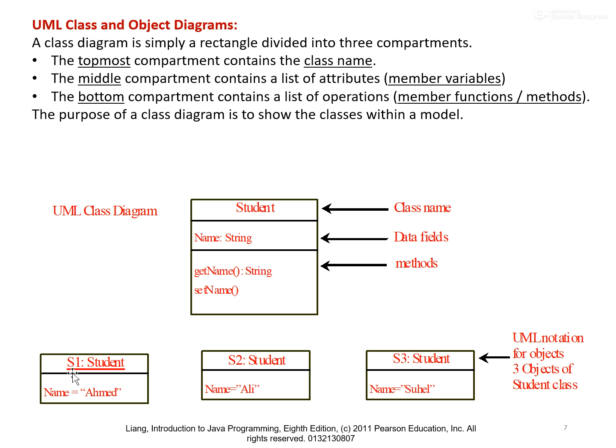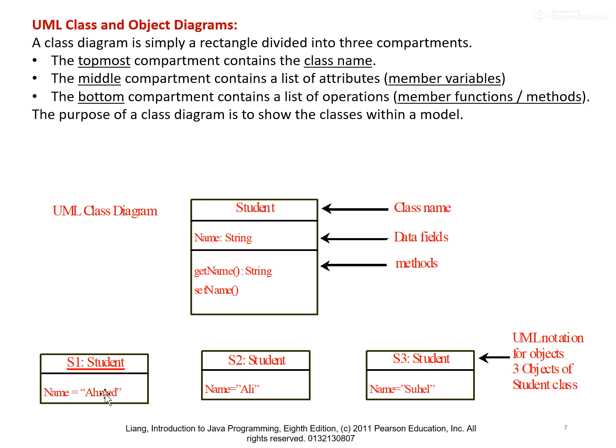Now here at the bottom, this is the UML notation for three objects, and you can see that the names of these objects are S1, S2, and S3, and after the colon in the top box it says student for all three of them. These are basically three objects of class student, or we say three instances, three examples of class student.